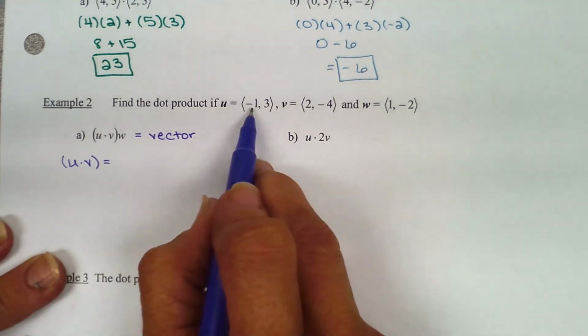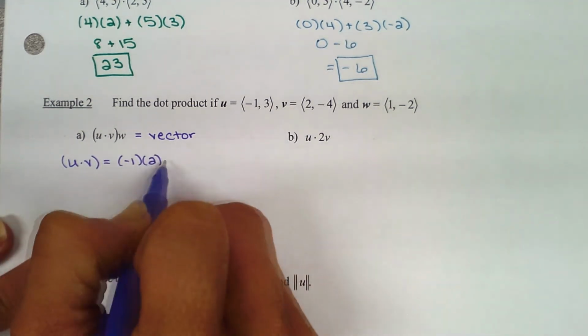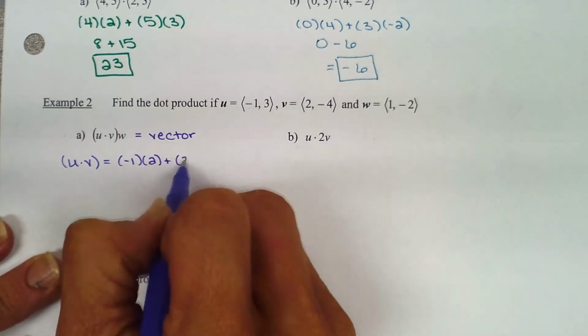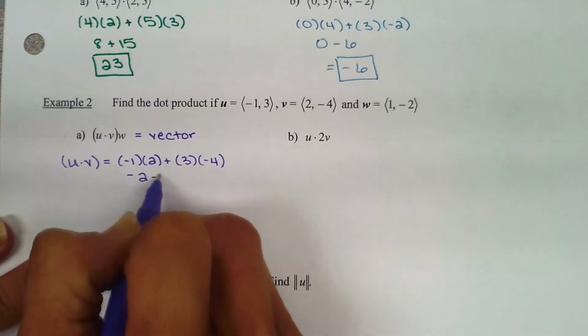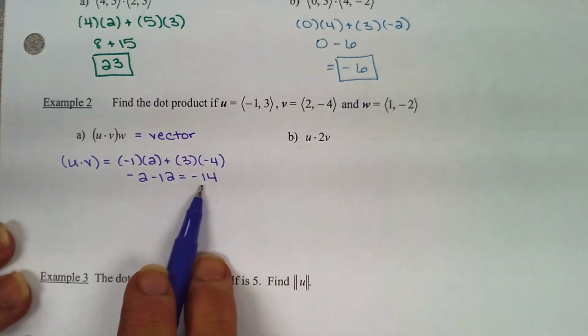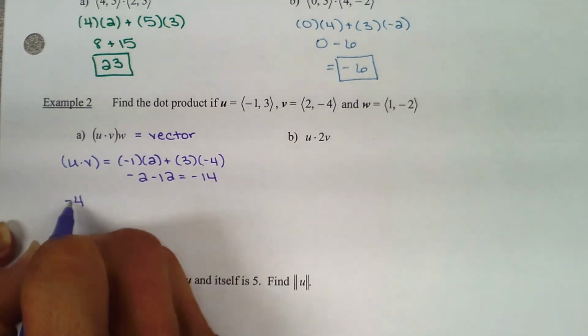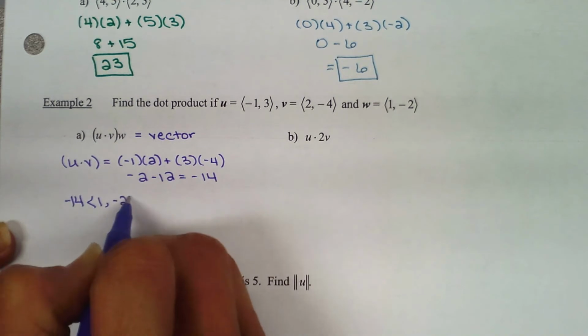So u dot v, we need to multiply the x components, so -1 times 2, plus the y components, 3 times the -4, which is going to be a -2 minus a 12, which is a -14. Then it's this -14 that we are going to multiply by that vector w, which is the vector 1, -2.